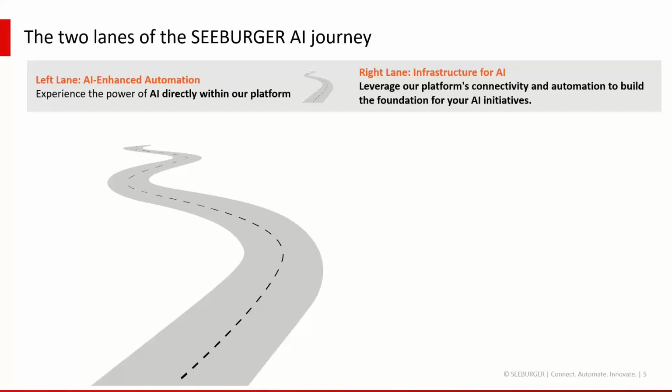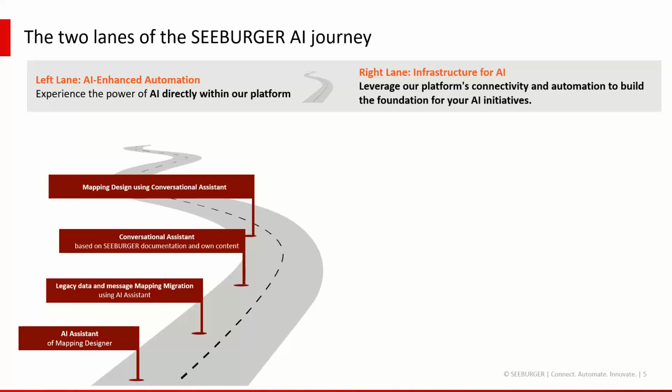And we decided to make it easy in a two-lane model, two lanes to the same objectives. The left lane is talking about how we incorporate AI assistance in our products to make your life easier, working, designing, monitoring, integrations with our BIS platform.